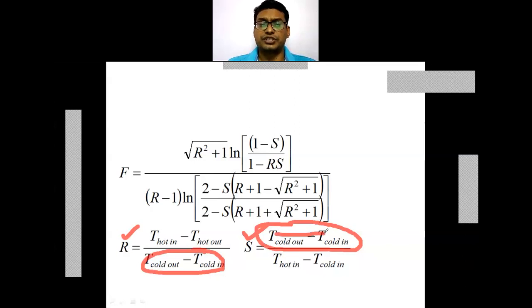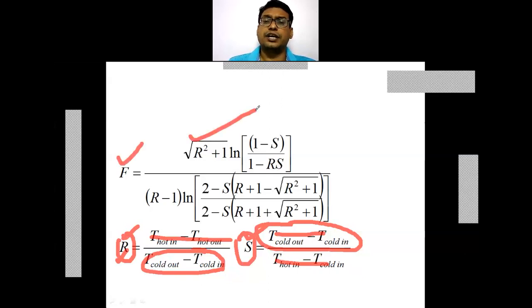Here also TCO minus TCI. Now the temperature difference for R will be calculated as THI minus THO, and in this case THI minus TCI. And by using these values of R and S, I will be able to calculate the value of the correction factor by considering this formula. That is one option.